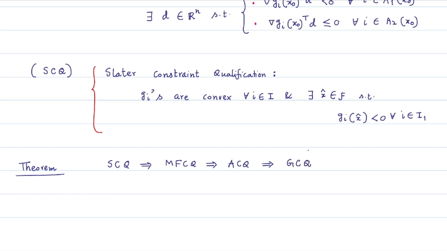So Guignard constraint qualification is extremely general, the weakest among all these four conditions, and the Slater constraint qualification is the strongest.